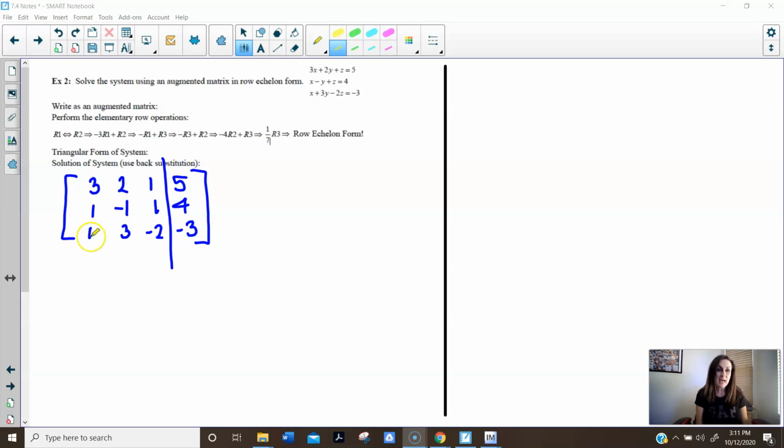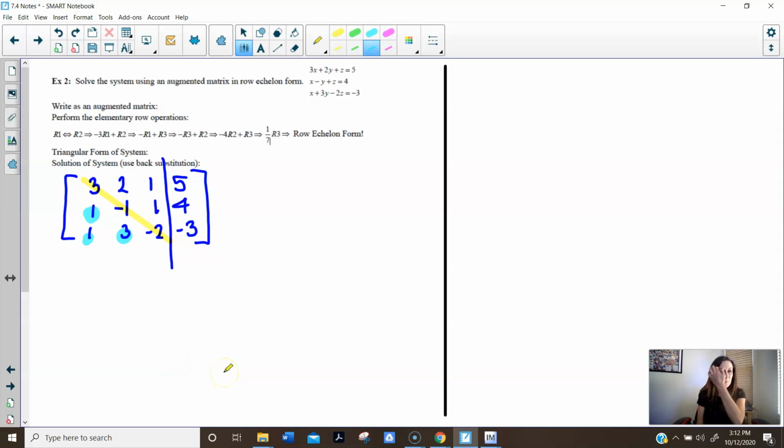So how we do that, the augmented matrix is 3, 2, 1, 5, 1, -1, 1, 4, 1, 3, -2, and -3. So row echelon form means we want this diagonal to be all ones, and we want all of the numbers below it to be 0.